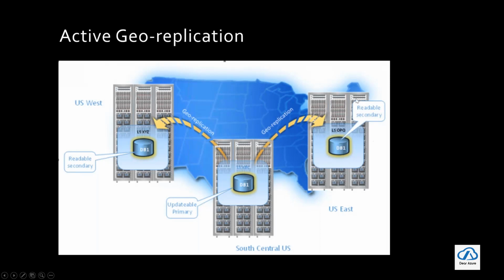These are the readable secondaries, so at least you can read the data if the primary goes down. If your application is a read-only application, then you can easily connect to US East. We also have something called a listener, but I will show you in the demo how we can configure that. So this is how high availability normally works on a SQL PaaS database.